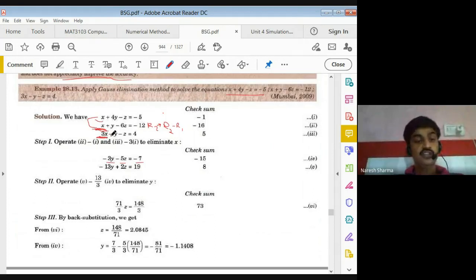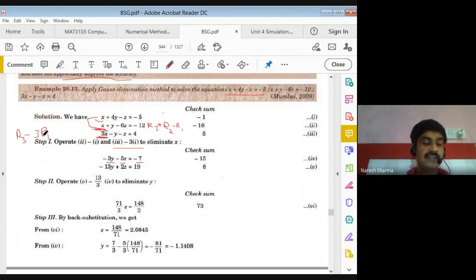So for the third equation, we can use the operation R3 minus 3R1, and apply this on the third row only. So we use this operation. I preferably say here you can multiply this by minus 3 and add to your third row, just to avoid the confusion on negative signs.